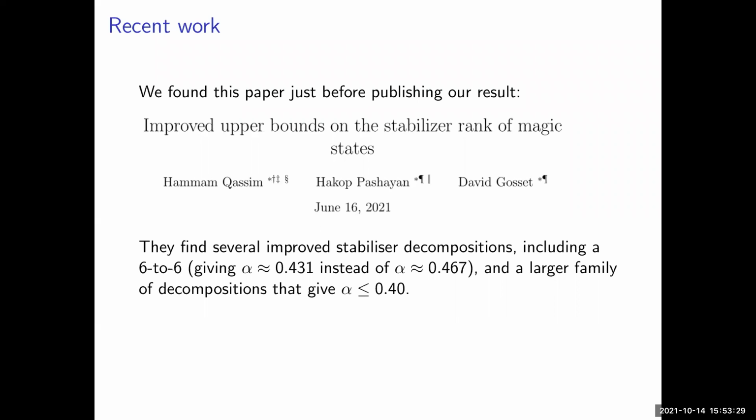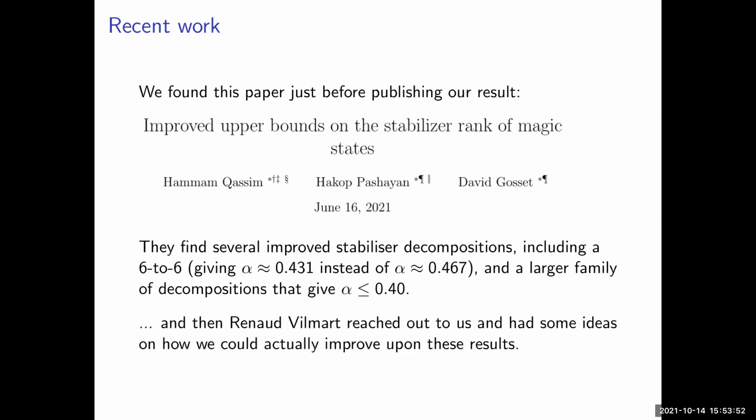So instead of 6 to 7, they do 6 to 6, which already improves this exponential constant to 0.43 instead of 0.46. And in fact, this is part of a larger family of decompositions, which asymptotically give you lower values of alpha, until alpha is somewhere below 0.4.